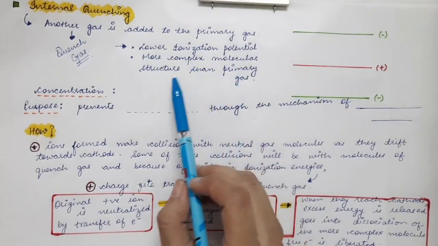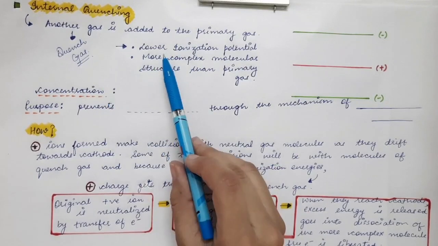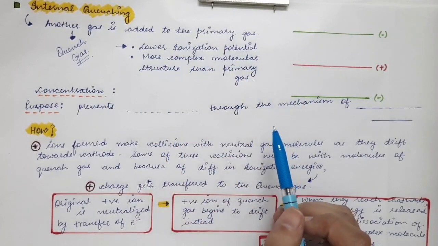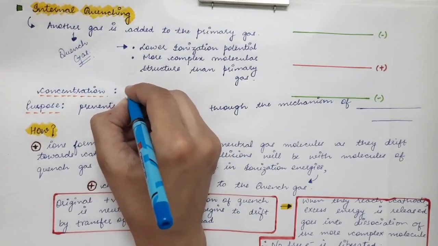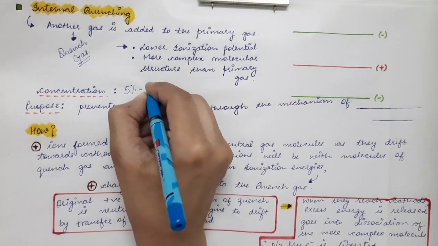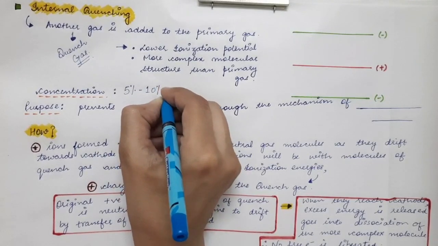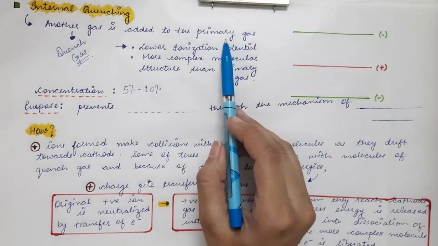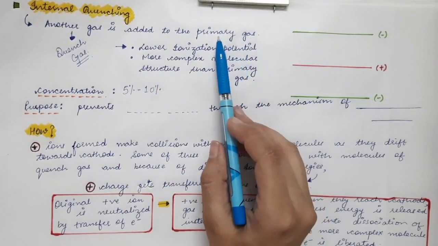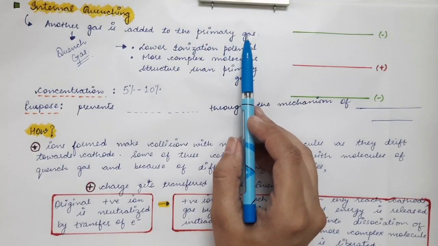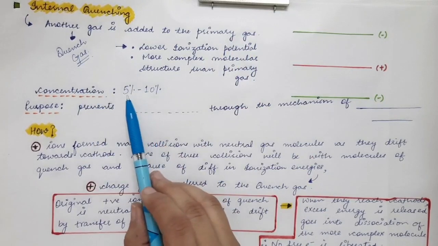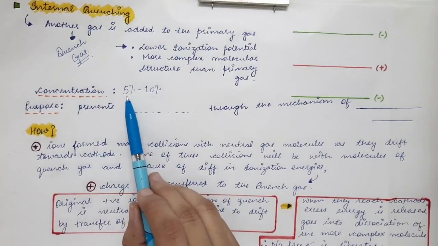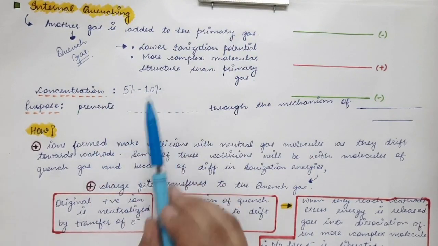The concentration of this quench gas in the GM tube is 5% to 10%. So if 95% is the primary noble gas, 5% will be the quench gas. The concentration of the quench gas can vary from 5 to 10%.